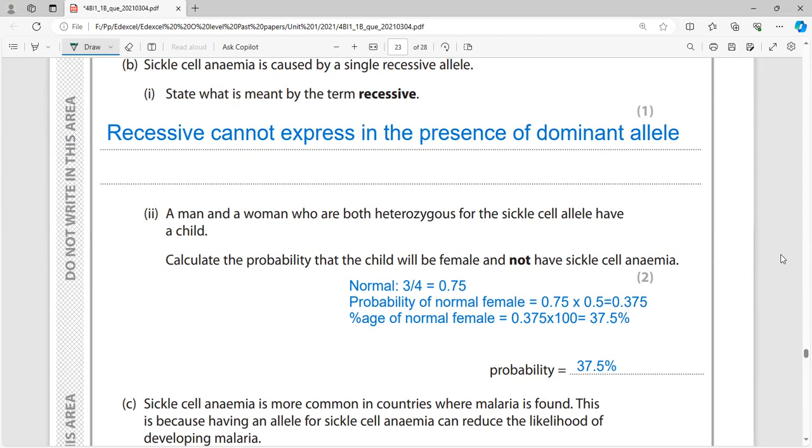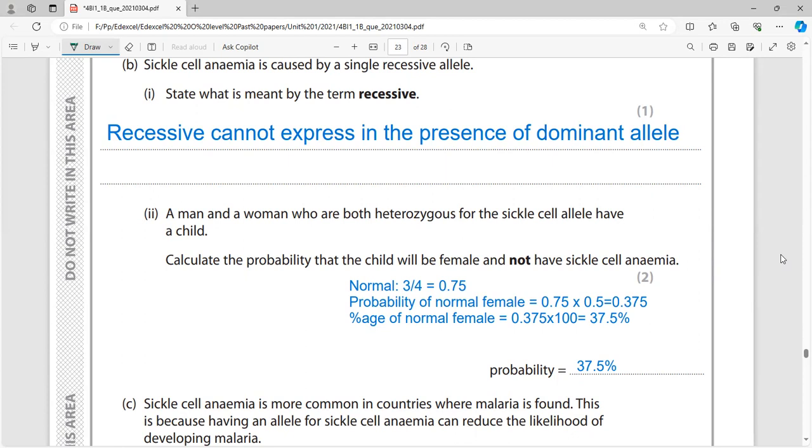Now we're going to see the probability for female. The probability of the birth of a female is 50%. So we multiply 0.5 by 0.75, and the probability for female will be 0.375, which as a percentage is 37.5%.